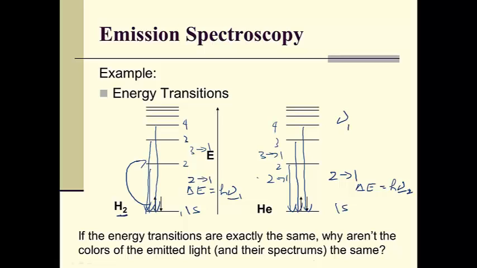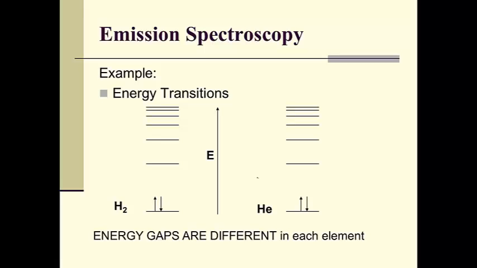If frequency 1 is not the same as frequency 2, that must mean the change in energy from 1 is not the same as the change in energy from 2. In other words, the gaps are different. Delta E here and delta E here are not the same. And that is different for every element. That's why every element gives you its own distinct color, its own distinct spectrum.